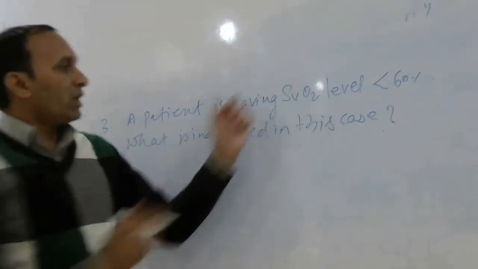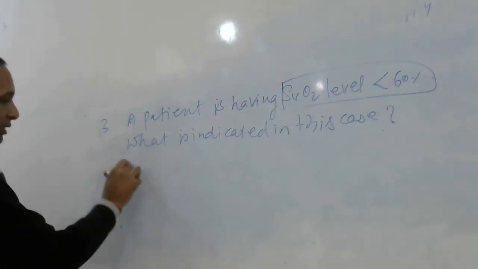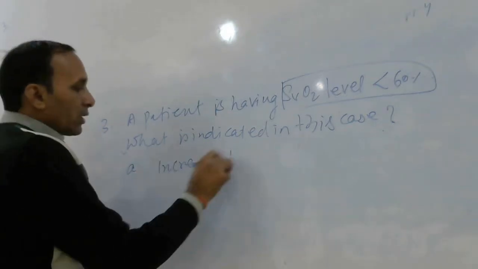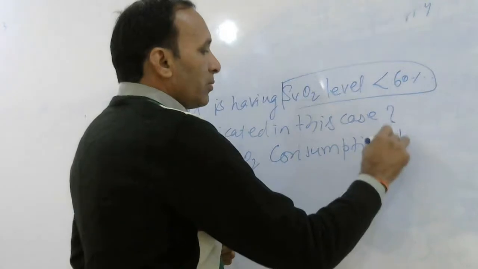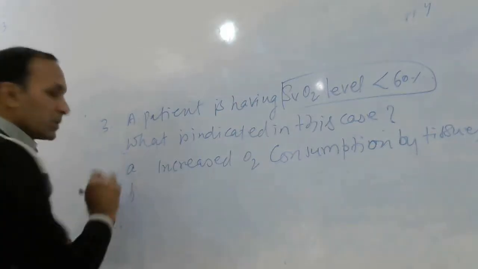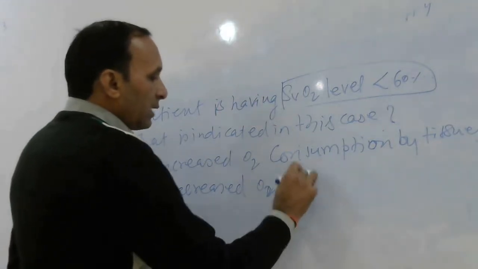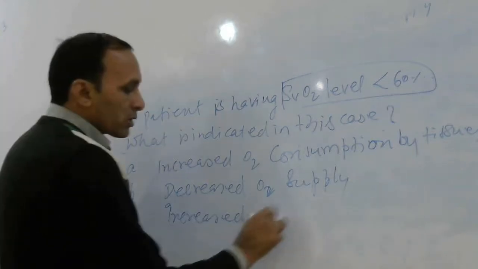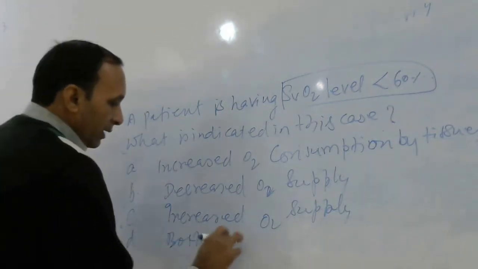So what does this SpO2 level indicate? What options have they given? A option, increased oxygen consumption by tissues. B option, decreased oxygen supply. C option given, increased oxygen supply, and D option both A and B.